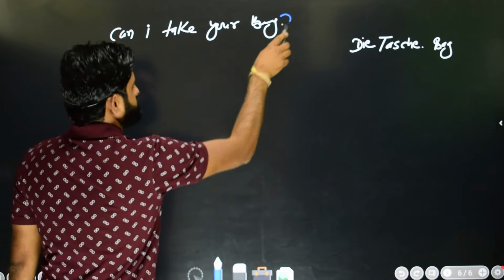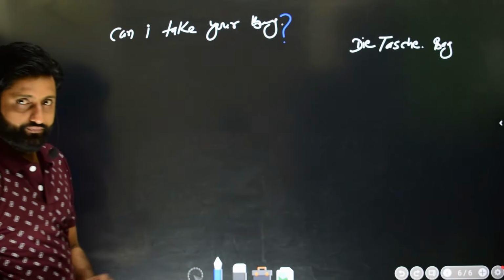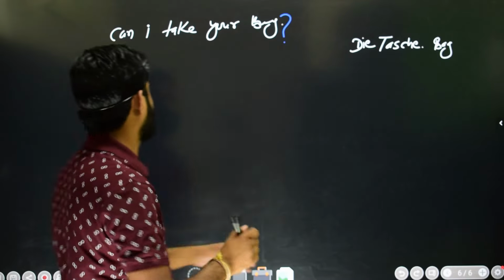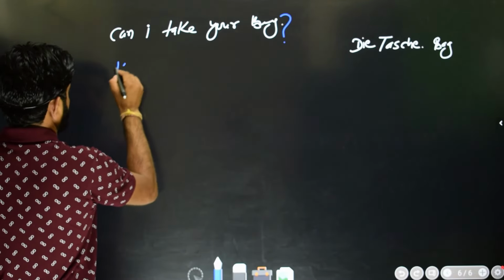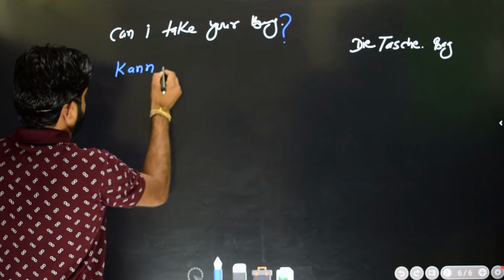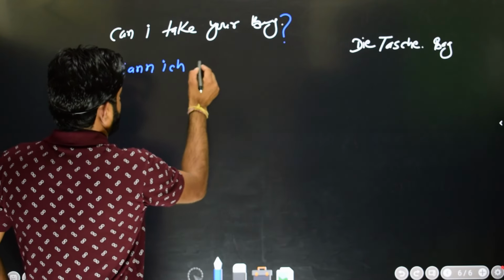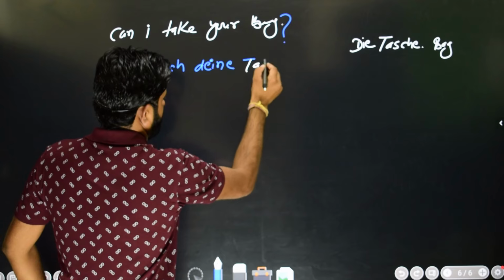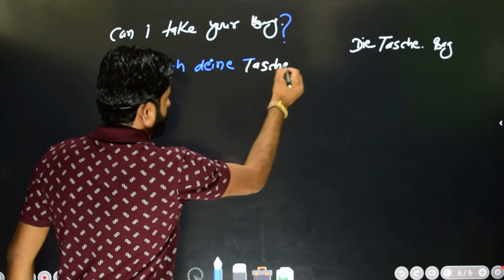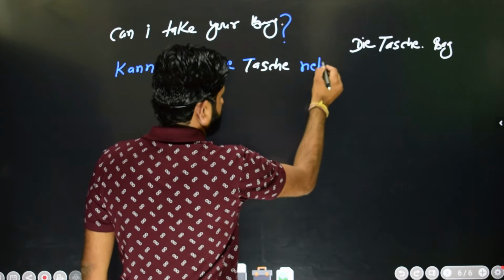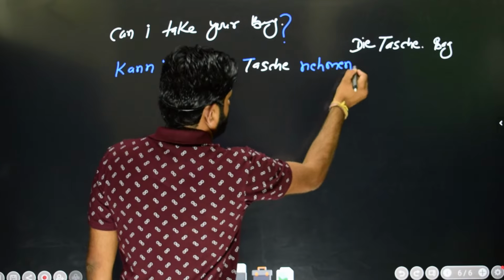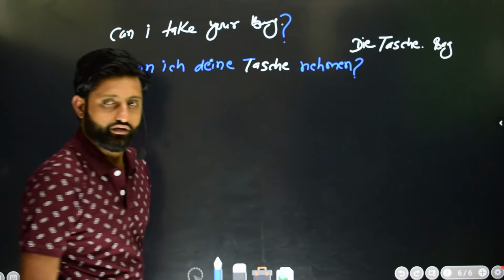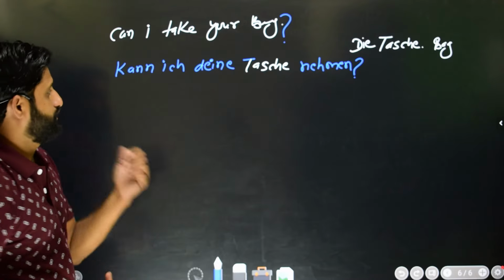This is starting with a modal verb, that is the conjugated form of the verb. So this will be a yes no question. Kann ich deine Tasche nehmen? Can I take your bag? Kann ich deine Tasche nehmen?